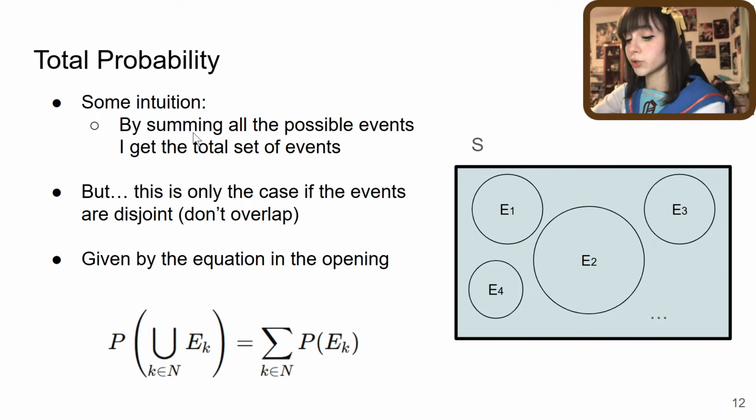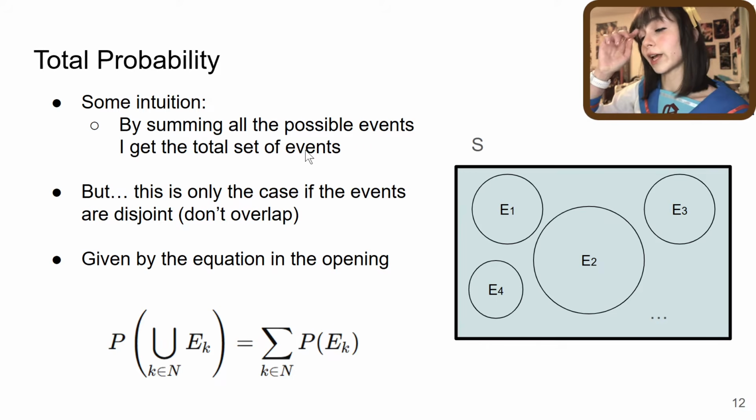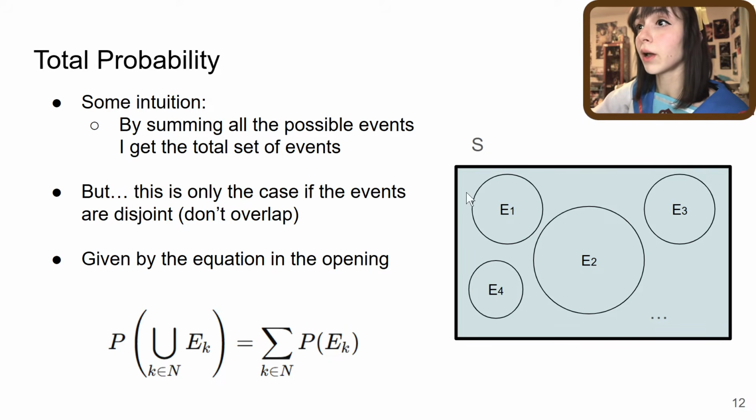Just a little bit of intuition. By summing up all the probabilities of all of the events, I will get the total probability of my set. But like we mentioned, this is only the case where the events don't overlap, because if they overlap, we would be summing a particular space twice, which we'll look at in just a second.